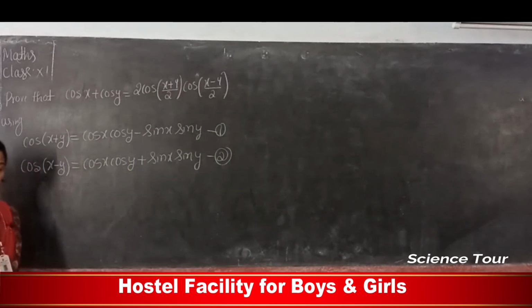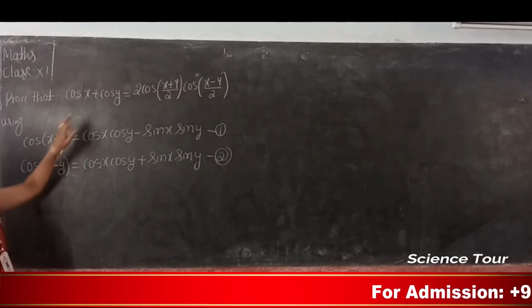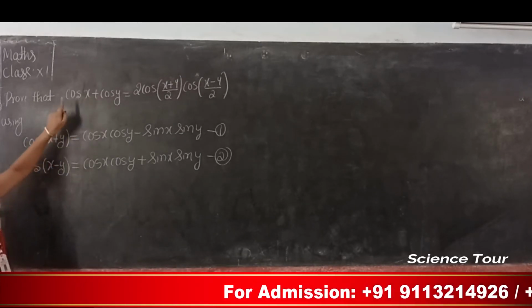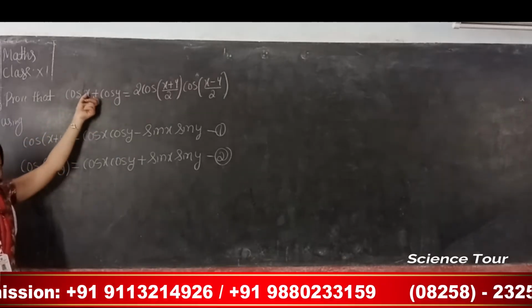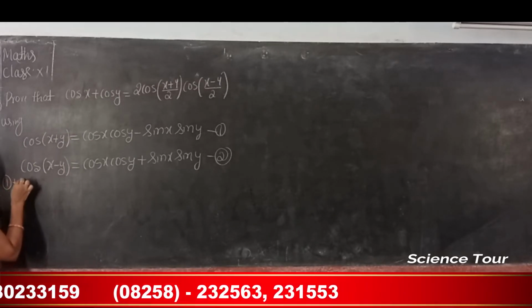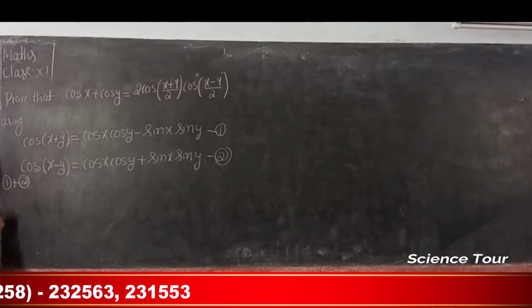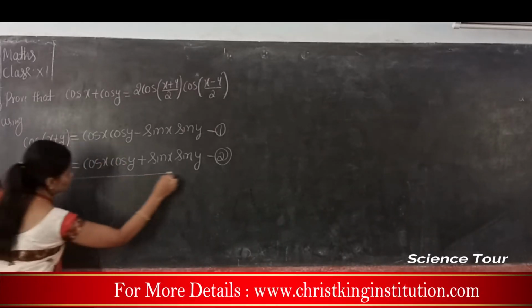In the previous two proofs, we added, because we want plus. So here also, cos x plus cos y means I need plus. So add these two equations, equation 1 plus equation number 2. While adding, don't change the sign of the second equation.